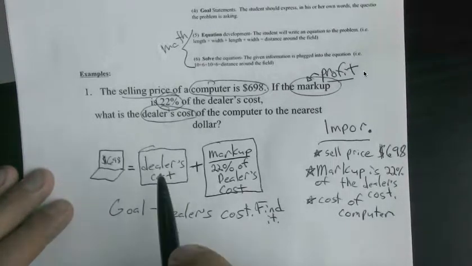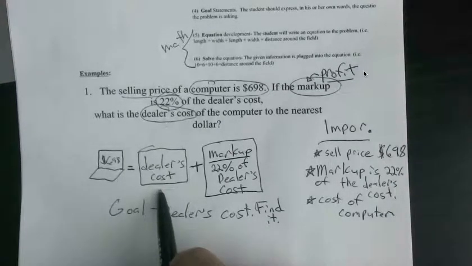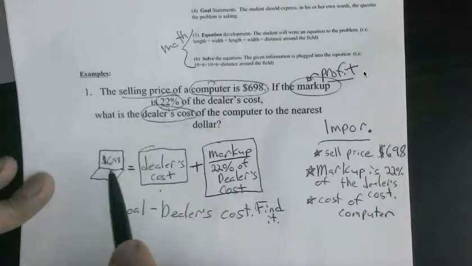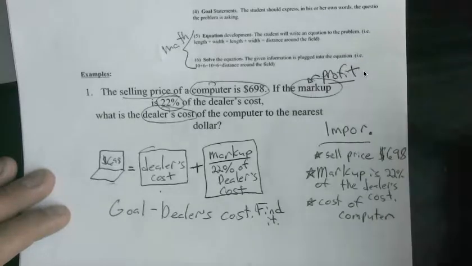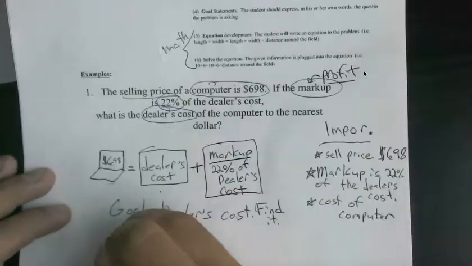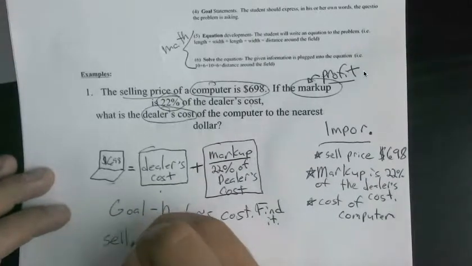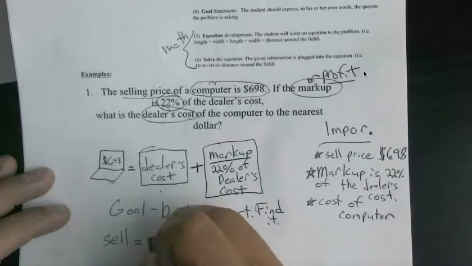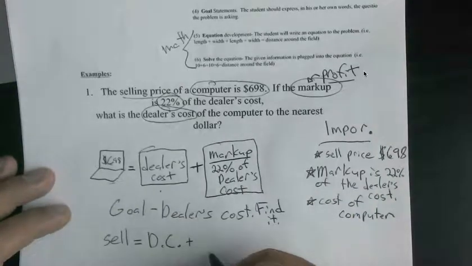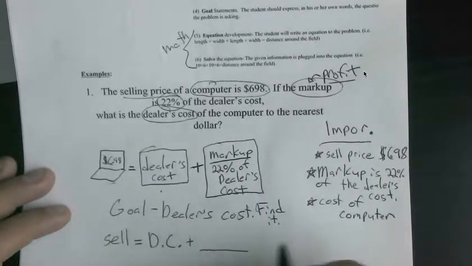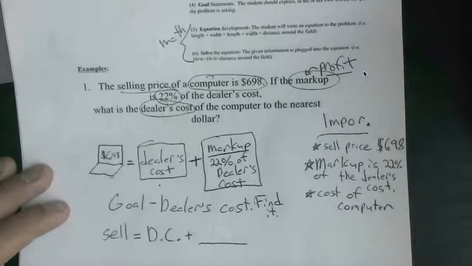You have to eventually buy each item in store, but then you mark it up a little bit to then sell it at a higher cost. So if we set up an equation that shows this, we could say that the sell is equal to the dealer's cost. And then how can we denote that markup using an equation?